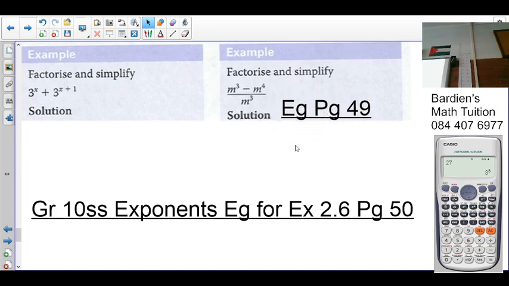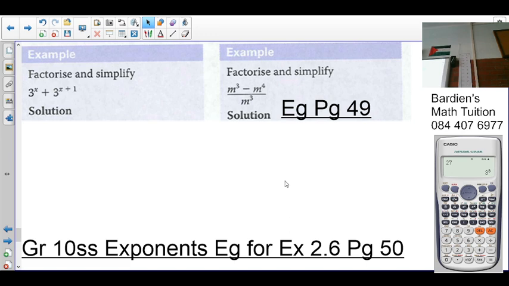So I'm looking at the example, and this example is on page 49. And this is examples for exercise 2.6 on page 50. So the question says simplify and factorize, or factorize and simplify.